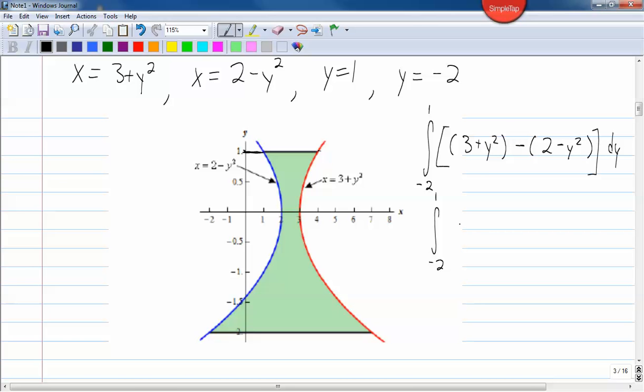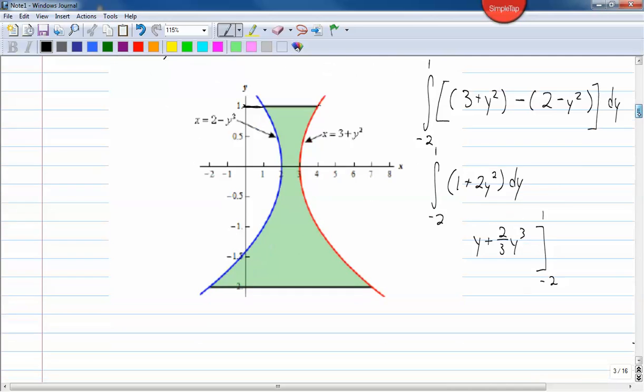So you get 1 plus 2y squared dy. Alright, so integrate each one of those separately, and so you get y plus 2/3 y cubed. And we're going to evaluate that from -2 to 1.